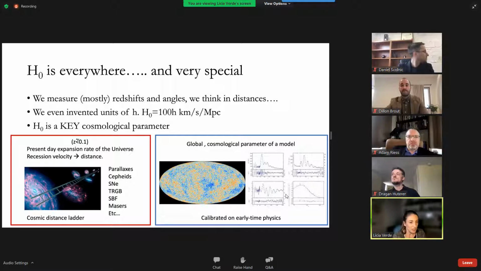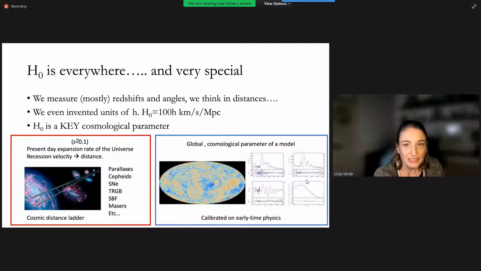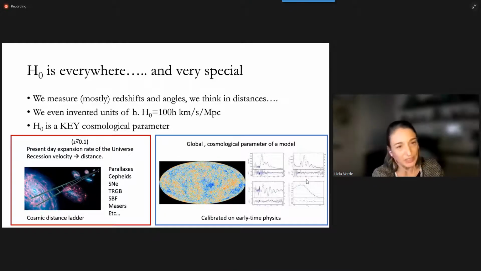And so if one does what is written in the name, the traditional approach is to build a cosmic distance ladder, and these distances are done by calibrating different rungs of the ladder: parallaxes, Cepheids, supernovae, masers, TRGB, etc. But at the same time, and this is all done here and now, at very low redshift, but at the same time, H0 is also a global cosmological parameter of a model.